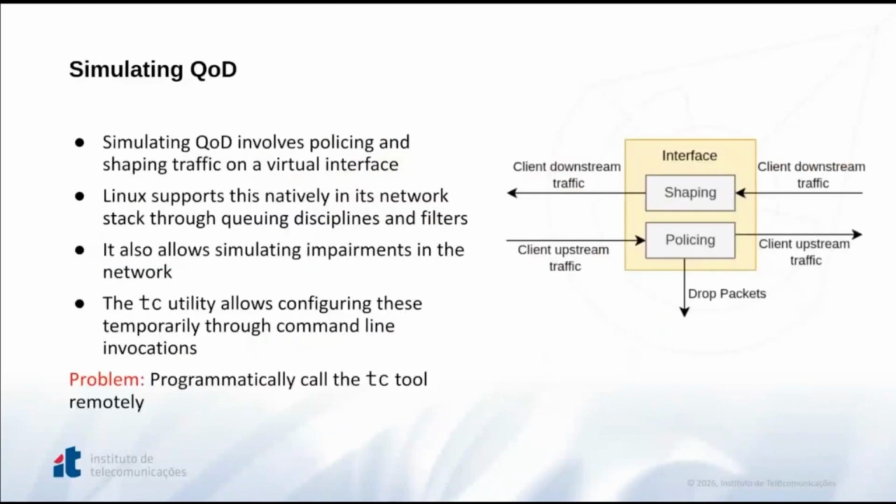So now we reach the part of how do we effectively simulate the quality on demand operations using Linux. As previously mentioned, this involves applying traffic policing and shaping to the interface that the client VM is connected to. Linux supports these kinds of operations through its traffic control subsystem, that is defined as a set of queuing disciplines and filters.